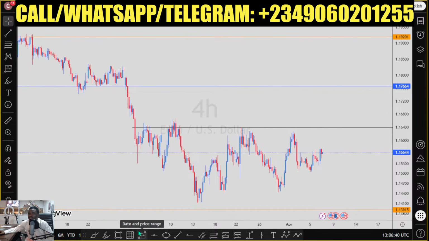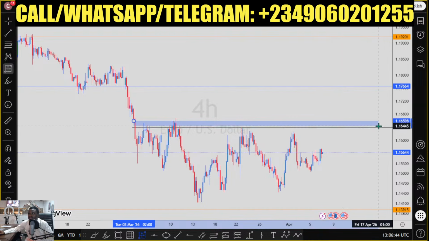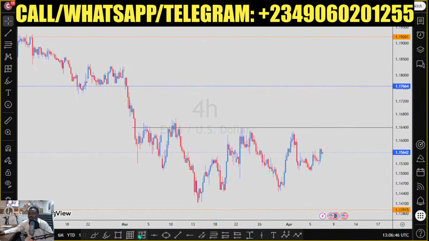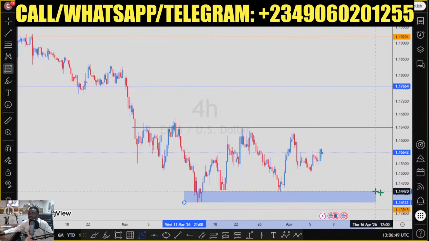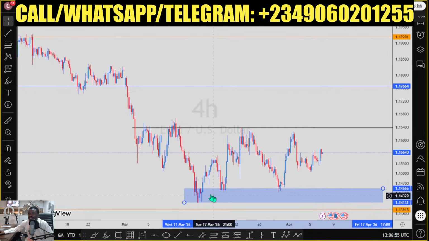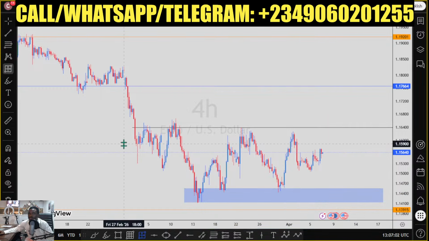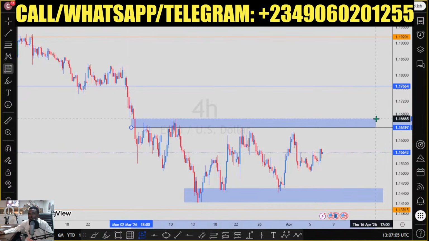I mean, either at this top for possible short, or at this bottom for possible long. You can see that when price taps into these zones here, there's always a rejection.